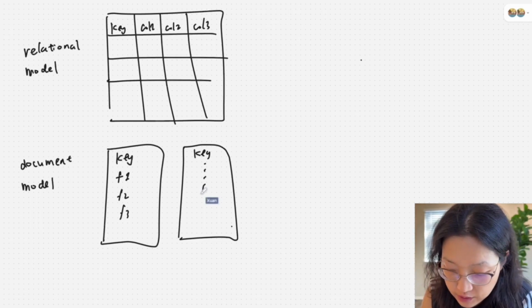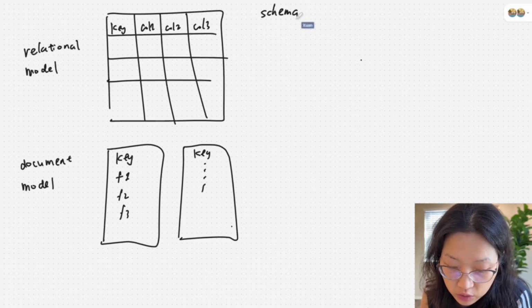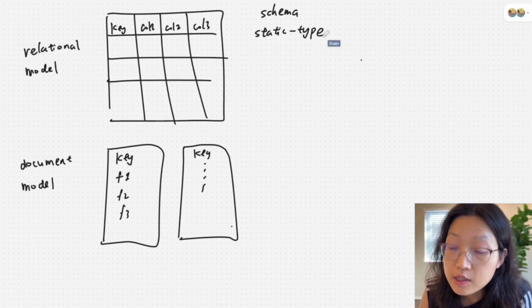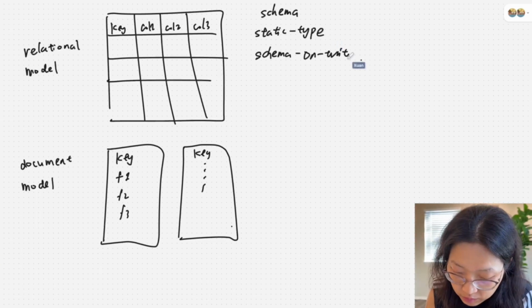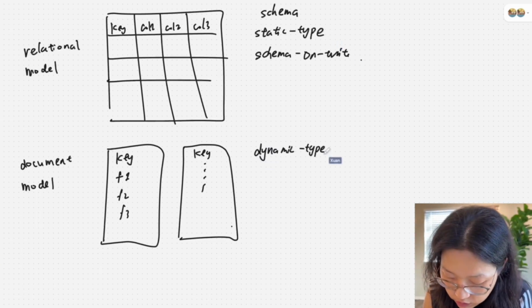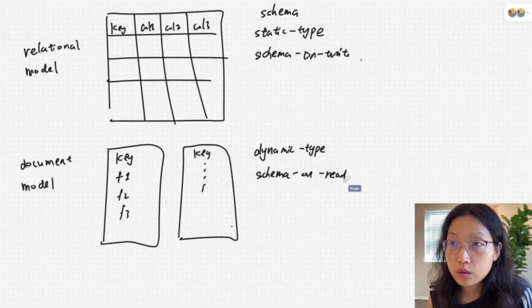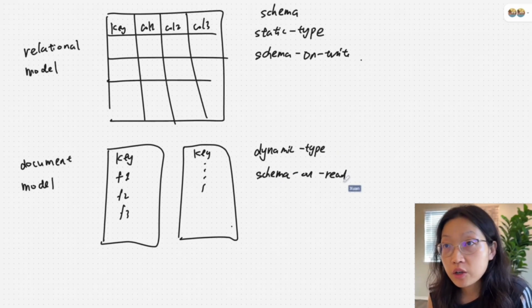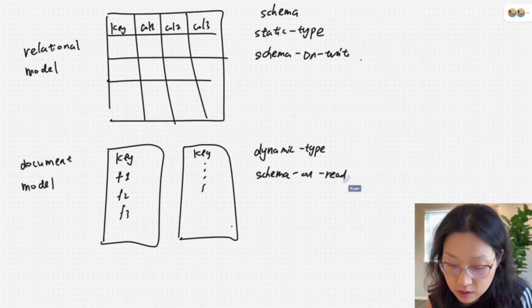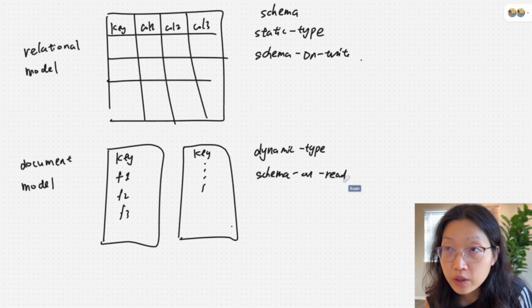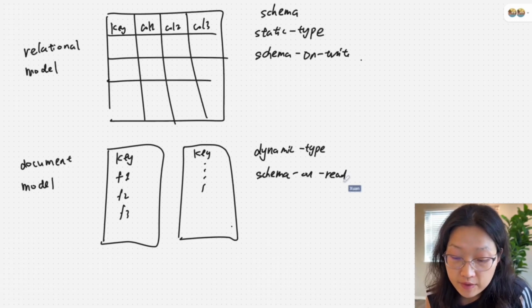First of all, it's a schema difference. Relational model has what is called static typing. It's also called schema on write, whereas document model has dynamic typing, so it's also called schema on read. What does this mean? Since each document is independent, you can add a new field relatively easily.